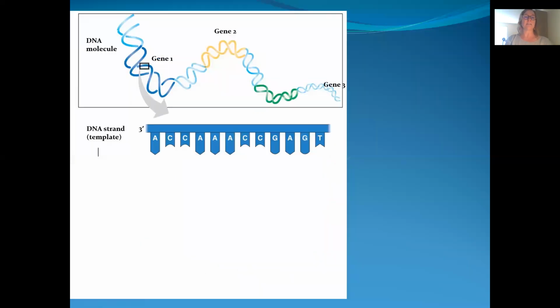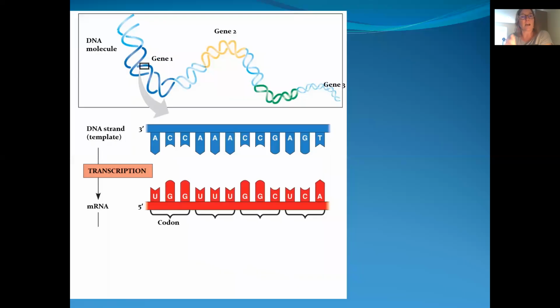Okay, so then again, just to review, we're talking about gene expression, how proteins are made. Gene expression is this process of transcription and translation. Genes are segments of DNA that code for a protein, and the DNA is inside the nucleus. The polymerase will read a strand of DNA, a template, and transcribe it to mRNA.